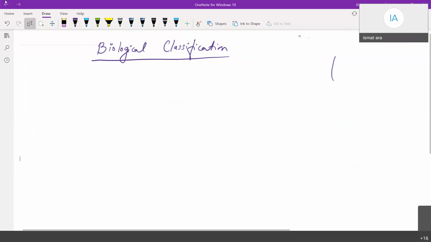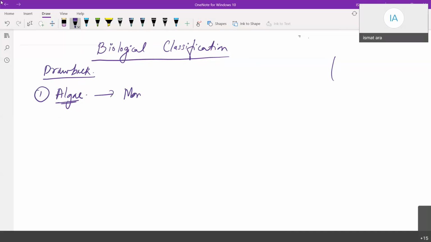Now let us see the drawbacks of this classification. First drawback, algae. Now in algae, we have put blue-green algae in kingdom Monera.